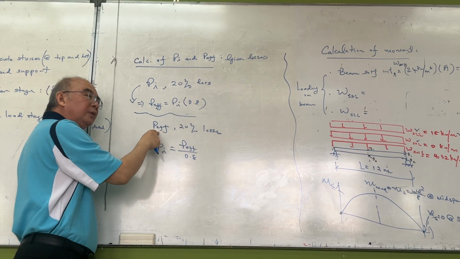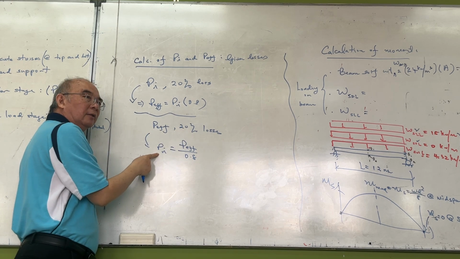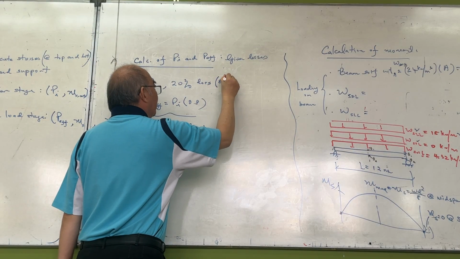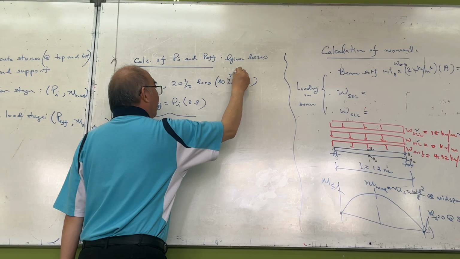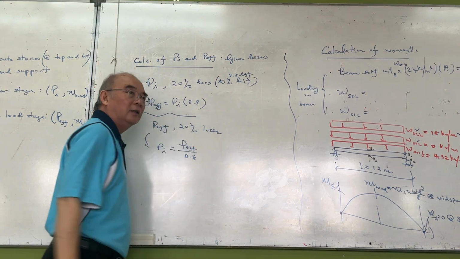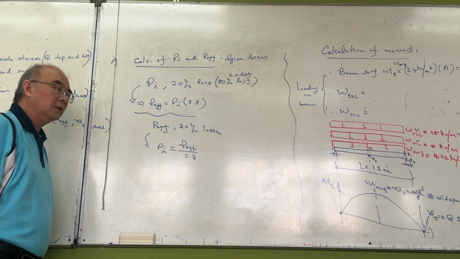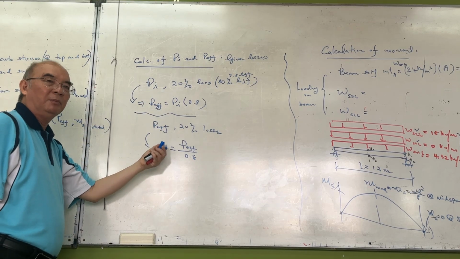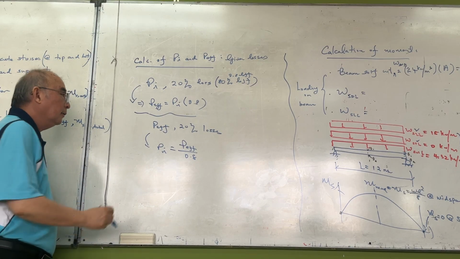If I give you P effective and 20% losses, then you have to back calculate. So remember, 20% losses means 80% left, that means 0.8 left. Okay? So this is easier. This one, maybe you can make a mistake, but you just have to be careful.